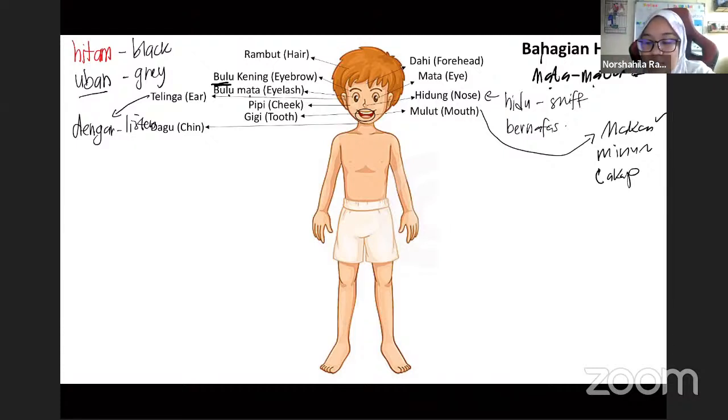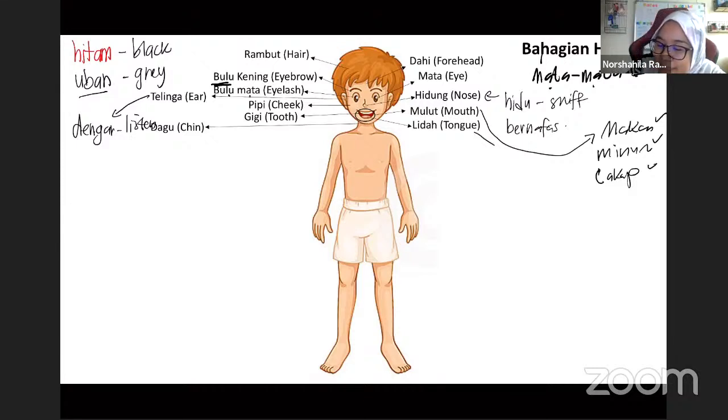This is our mulut. So what else do we have inside the mulut? We have also this one, a tongue. In Bahasa Melayu we call it lidah.